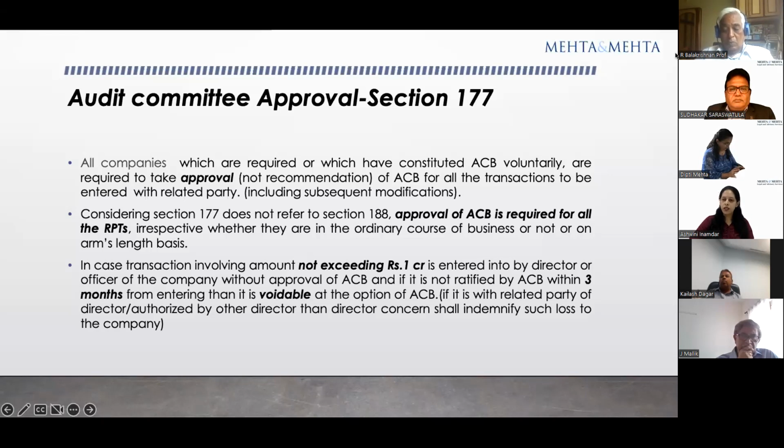So here it is important to note that even if the transaction required an approval and the same has not been taken, and later on ratification is done by the audit committee, the non-compliance still remains because it talks about the approval. So it's a prior approval under 177. If you have not taken that and you have ratified, it is voidable at the option of the audit committee. However, even if it is ratified later, the non-compliance still remains in case of not taking the approval.